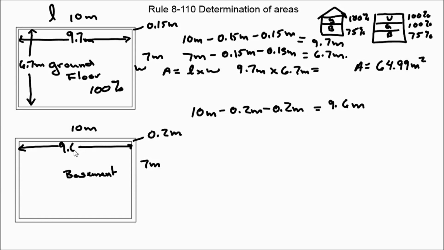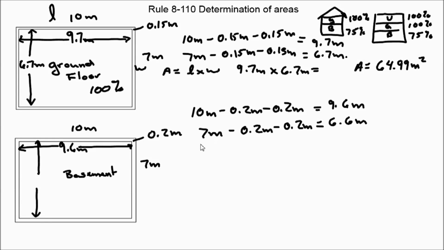So we can write that in, 9.6 meters. Now we're going to get our width, 7 meters, subtract 0.2, subtract 0.2, and I guess at this point you can do it in your head. It's 6.6 meters, so I just want to show the work.